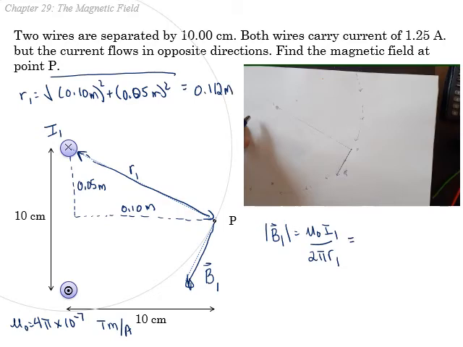So I'll put in that my current I1, that's given in the problem as 1.25 amps. Put in that my R1 is 0.112 meters, and I get the magnitude of my magnetic field at point P, B1, is 2.23 times 10 to the minus 6 Teslas. Magnetic field is a vector, so it has a direction, so I'm going to need to break this into components. I'm going to do that on the next slide.